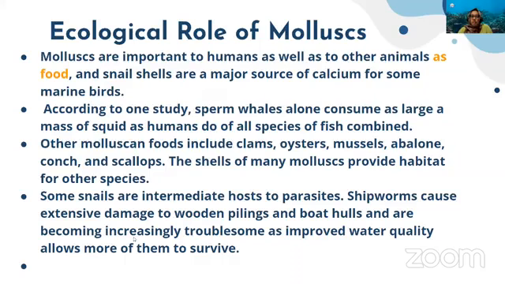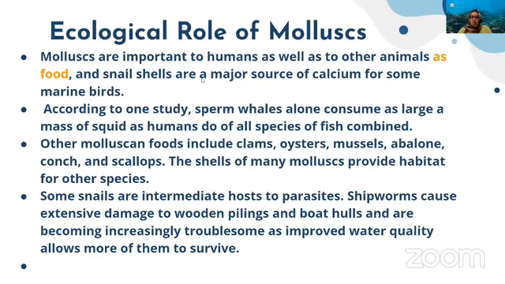So today we are going to study the ecological role of mollusks. Mollusks are important to humans as well as to other animals as food. We saw that cuttlefish and other mollusks are consumed by humans as well as other animals.